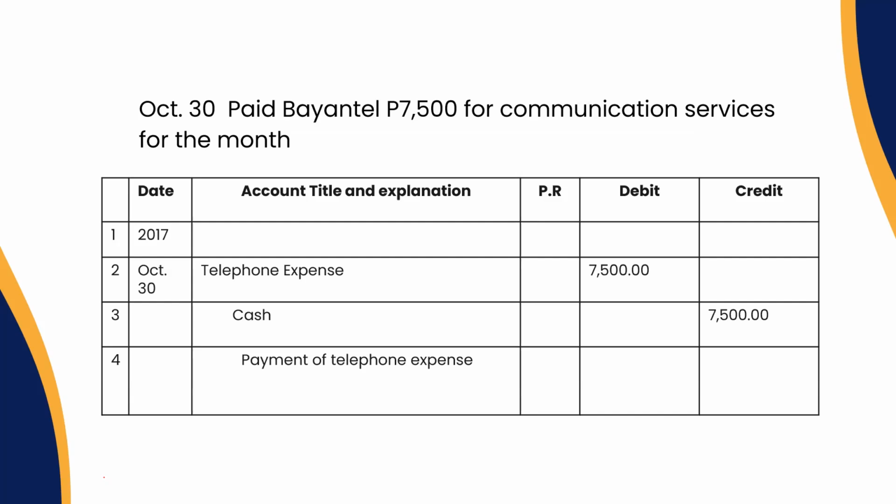Take note, na-record natin siya as telephone expense. Kasi yun yung gamit nung company. Yun yung gamit ni Daganta, telephone expense. If walang telephone expense, pwede naman siya na general lang na expenses, kung ano man tawag nila. Pwede utilities expense. Okay, ganun. Now, you have to credit also cash kasi nagbayad siya ng cash.